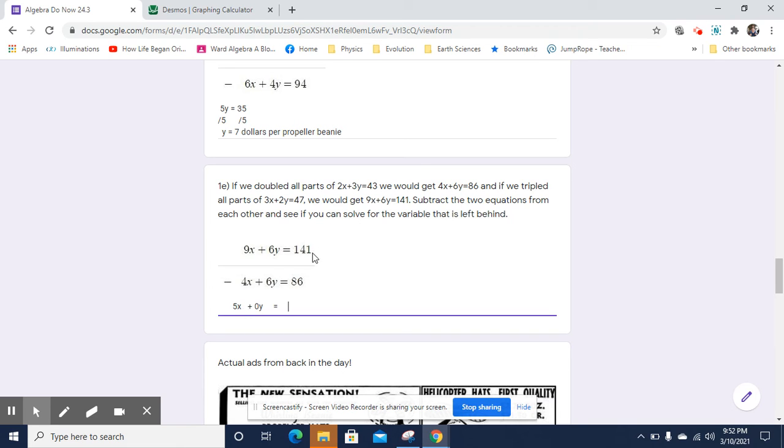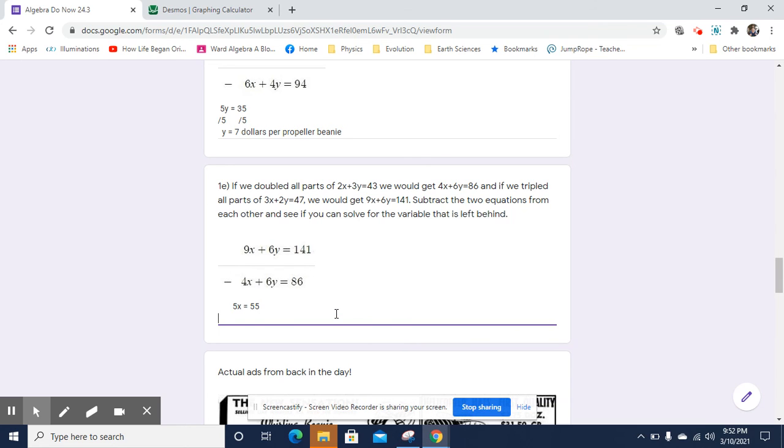Let's start doing that subtraction. 1 minus 6, I'm going to have to borrow from the 4, so it's going to be 11 minus 6, so that's a 5. Now I borrowed from the 4, so that's now a 3. 3 minus 8, I'll have to borrow from the 1. We may as well call it 13 minus 8, and 13 minus 8 is 5. So we end up with 55. Now, that's a 0y. Who cares about that? That can go poof. And now we've got a one-step equation.